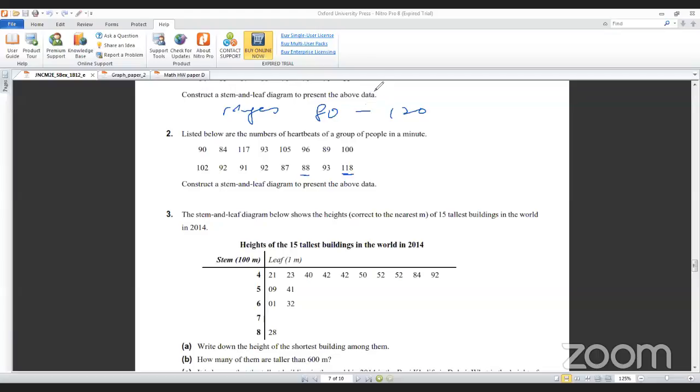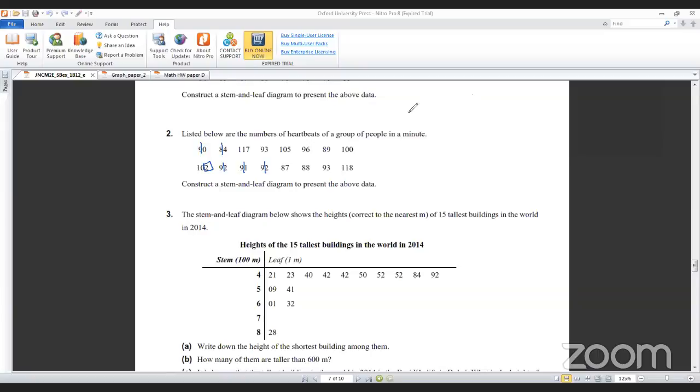Now, therefore, we can separate the unit digit. Separate the unit digit. And therefore, it means the numbers will be separated in this way.